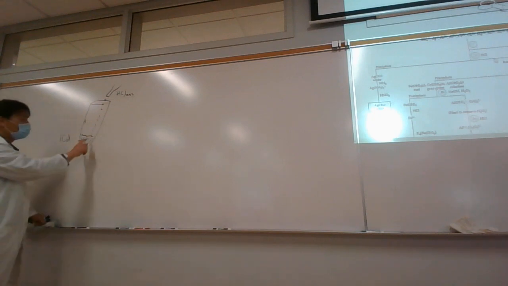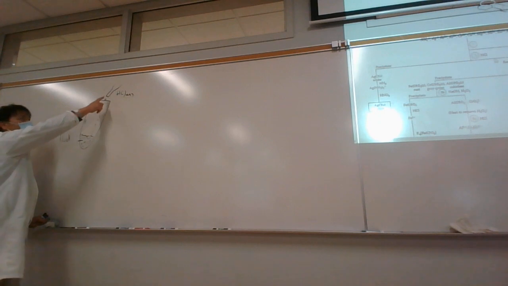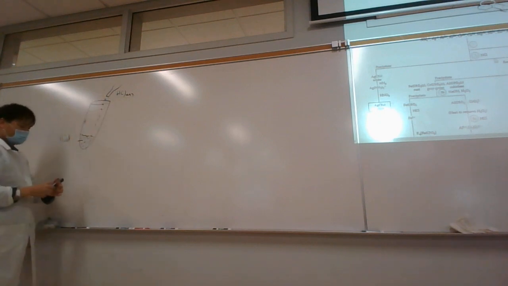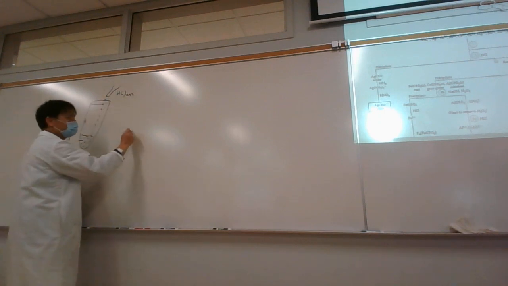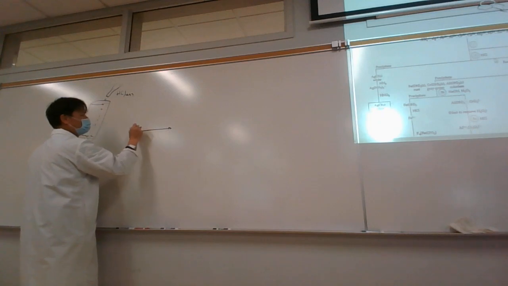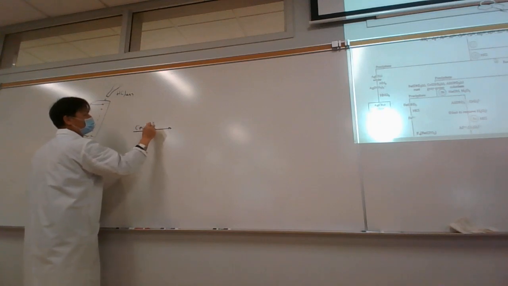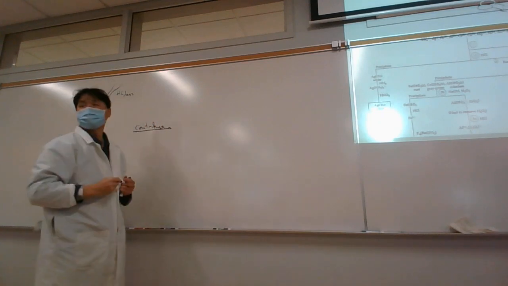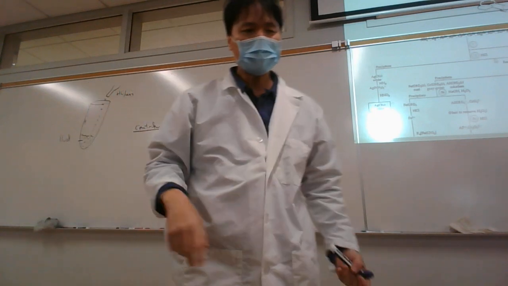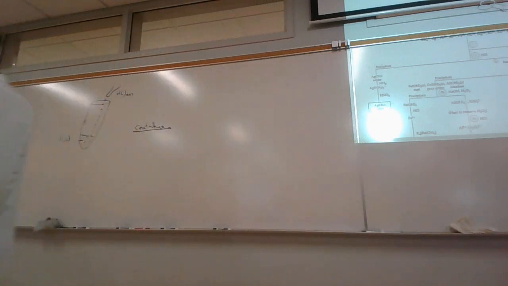When it becomes too hard to see, what we do is we stop adding it, and then we take it to the centrifuge. There's a centrifuge over here. You put it in the centrifuge here, close the lid, and then turn the dial.